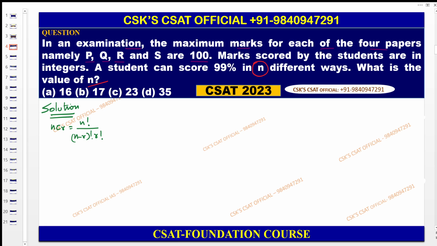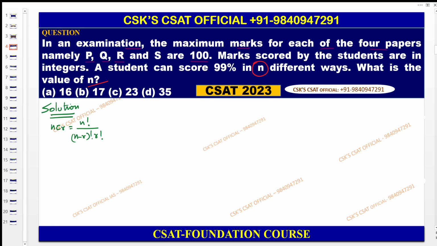This is the very basic formula. Next, if some objects are repeated, you also need to learn how to handle that with permutation. The rest of the things you can easily solve.